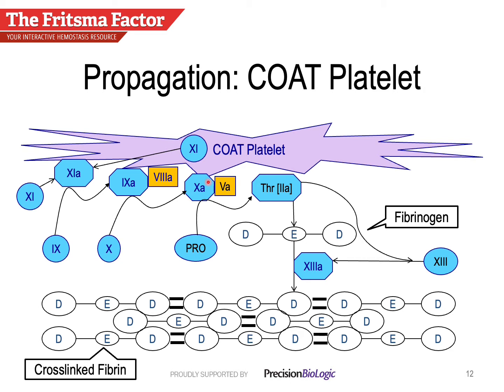The pathways on the platelet surface produce high-volume thrombin, which cleaves fibrinogen to form fibrin and accomplishes fibrin polymerization, cross-linking, and stabilization.